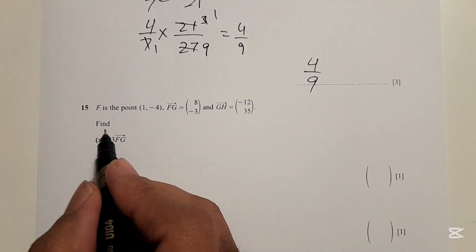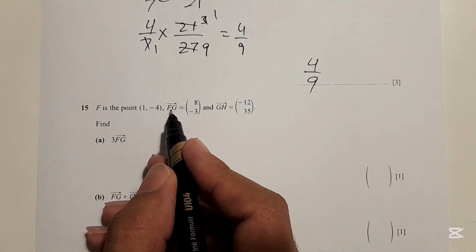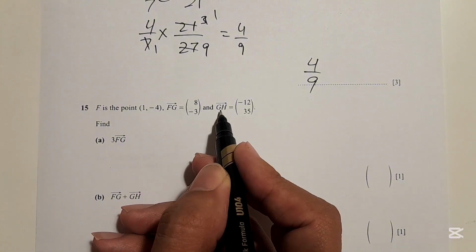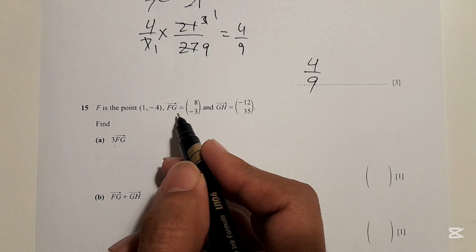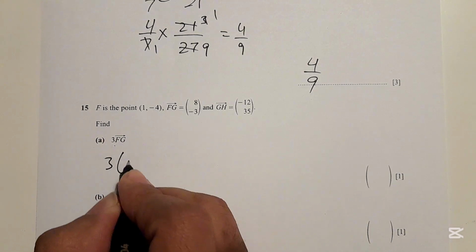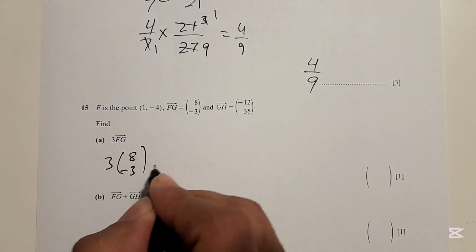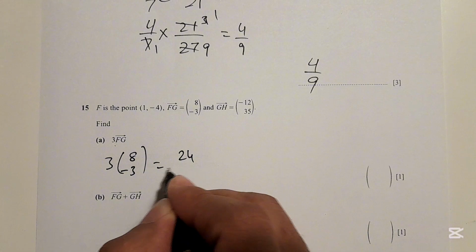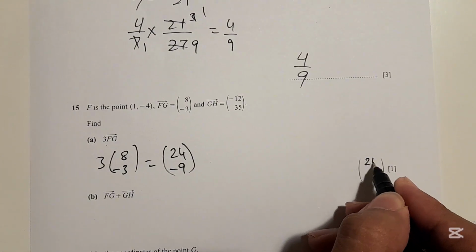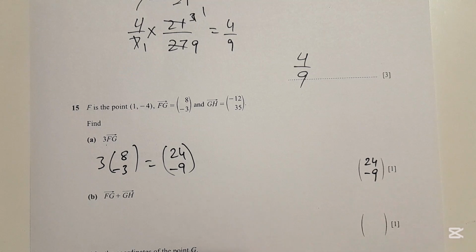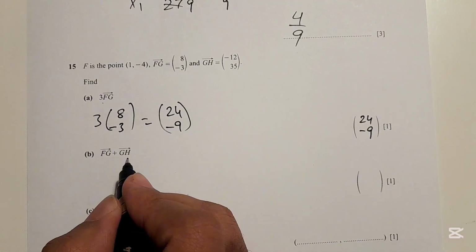Question 15 states F is a point (1, -4), FG is (8, -3), GH is (-12, 35). Find 3FG. So 3FG is 3 multiplied by 8 and -3. So 3 eights are 24 and 3 times -3 is -9. So (24, -9). Part B: FG plus GH.